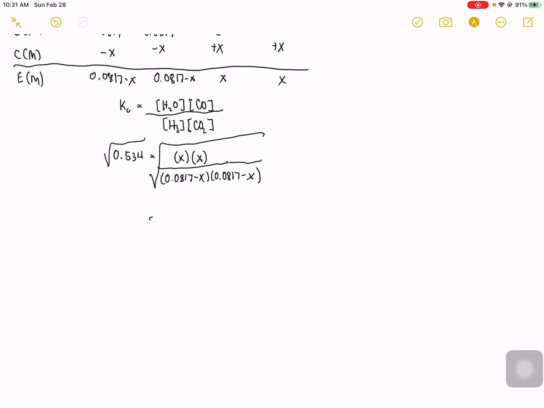So getting the square root of the right side gives us the expression X divided by 0.0817 minus X. And plugging this into the calculator, the square root of 0.534 is going to be equal to 0.7307.